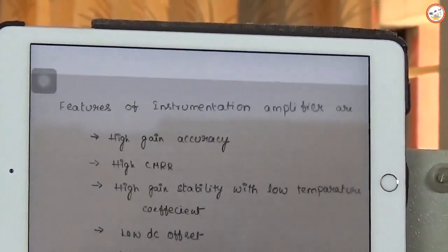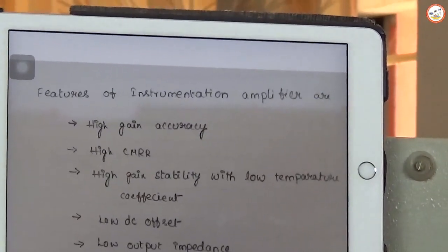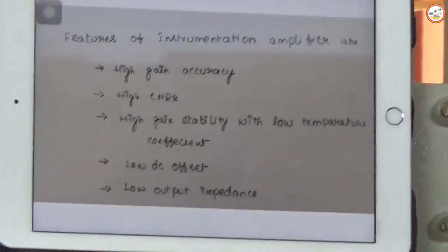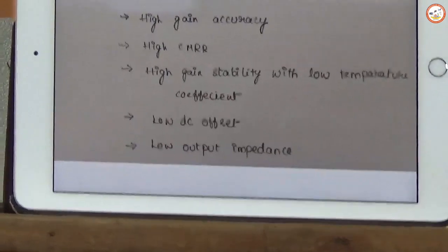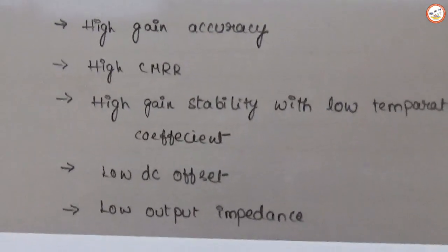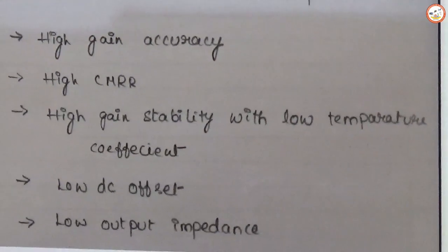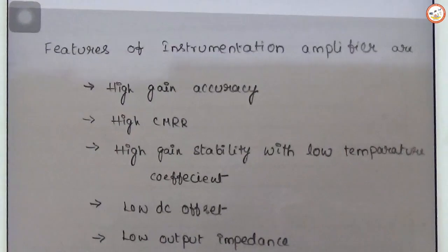Now the main features we require for industrial or consumer applications. An instrumentation amplifier has to have a very high gain accuracy and high CMRR. CMRR indicates common mode rejection ratio, that means noise signals which have to be eliminated. It is the ratio of differential gain to common mode gain, which must be very high for an instrumentation amplifier.